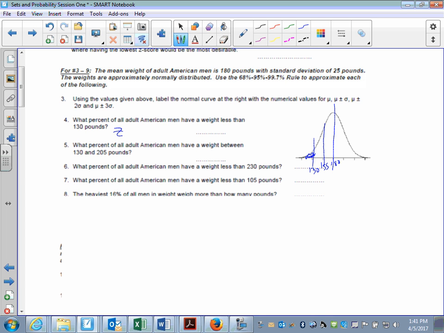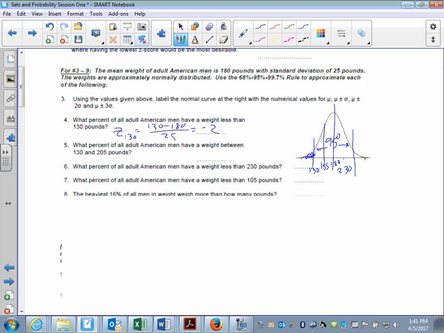And so 130 as a z-score is equal to 130 minus 180 over 25, we get -2. So if we're using the empirical rule, we know that from 130 to 230 is 95%, from here to here.